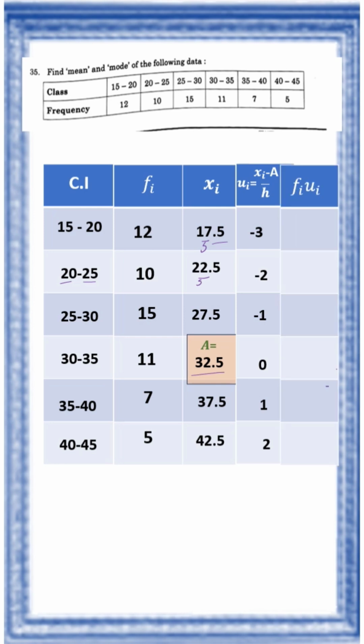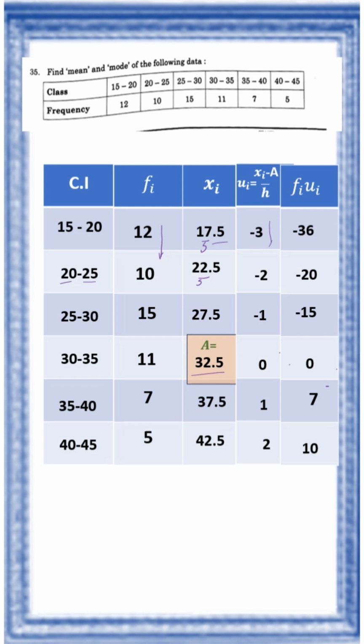Now let us add one more column to include fi ui. Let us find the products of the numbers under this column and under this column. 12 into negative 3 is negative 36. 10 into negative 2 is negative 20. 15 into negative 1 is negative 15. 11 into 0 is 0. 7 into 1 is 7. 5 into 2 is 10.